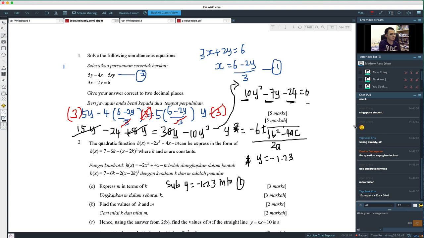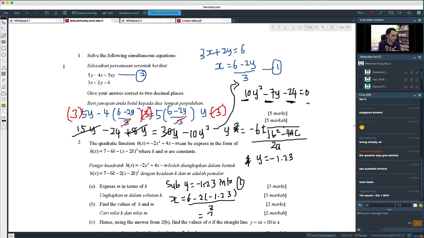So x will equal 6 minus 2 times -1.23, then divided by 3. That is 6 minus negative 1.23 over 3, and you will get the value 2.41.